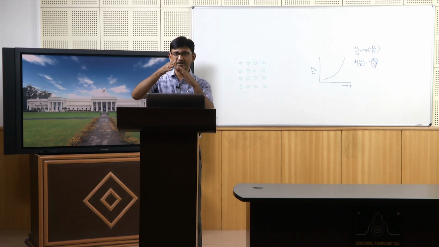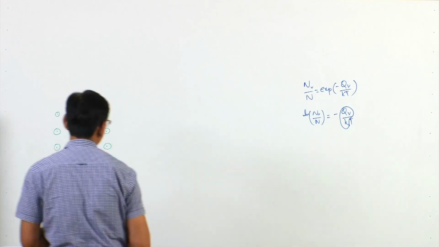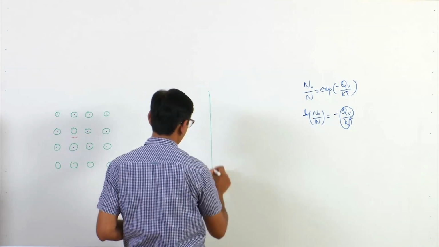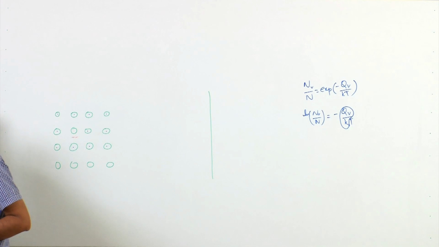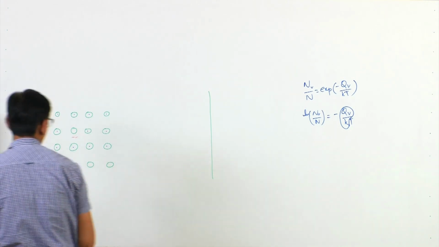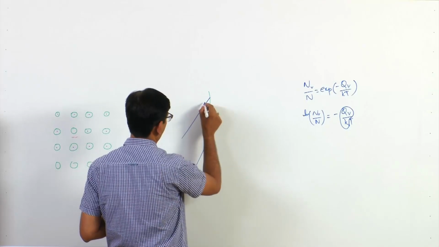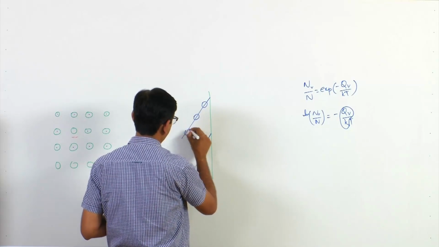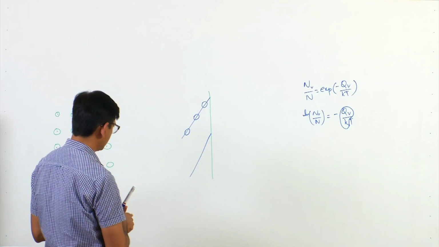So, suppose in one grain the arrangement is like this. Suppose this is my boundary, and for example atoms are arranged like this. If you see this in a mirror, how will you see it?